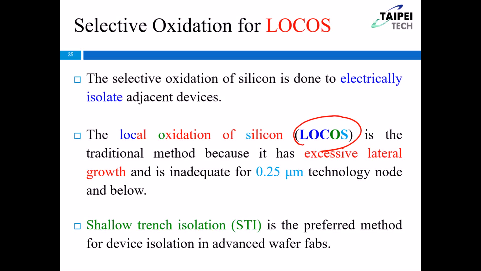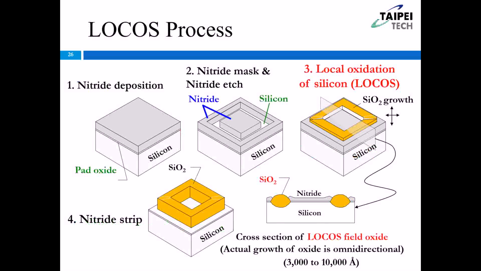LOCOS is the traditional method because it has excessive lateral growth, and it cannot be used for 0.25 micrometer technology and below. It means the drawback of LOCOS is the excessive lateral growth. What does that mean? Later I will show you. So when the technology is smaller than 0.25, we use the STI to replace LOCOS.